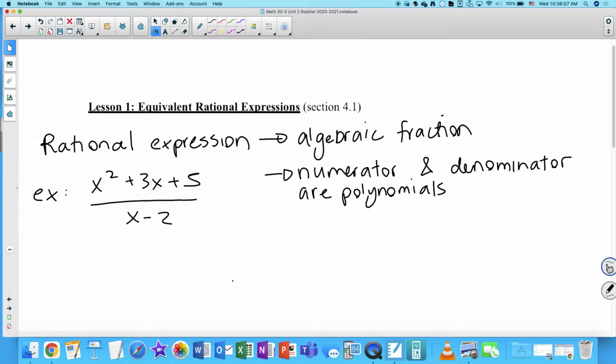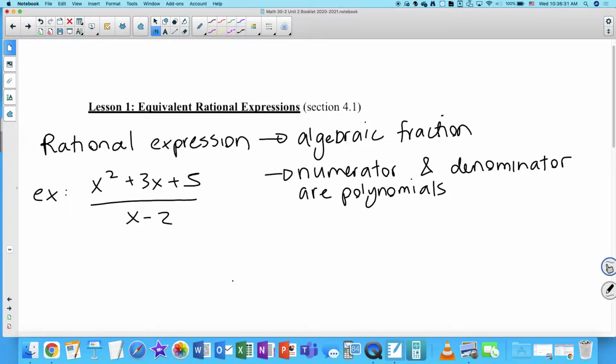Okay, so we're going to do that. And you may have solved a linear equation that might have involved a fraction in it as well. So we're going to do that too. We're going to solve equations that involve these expressions. Okay, but essentially you're just relearning all the stuff that you know about fractions now with algebraic expressions instead.